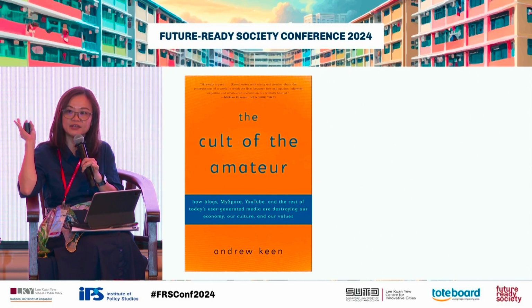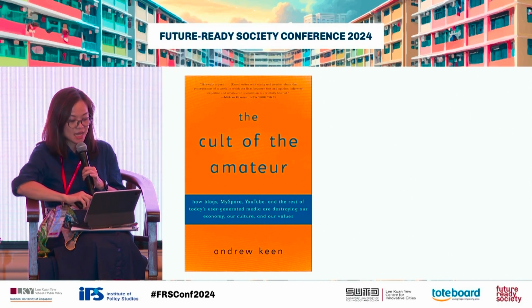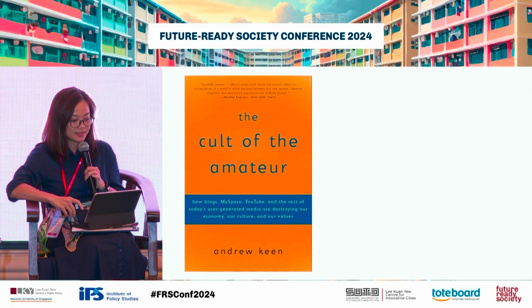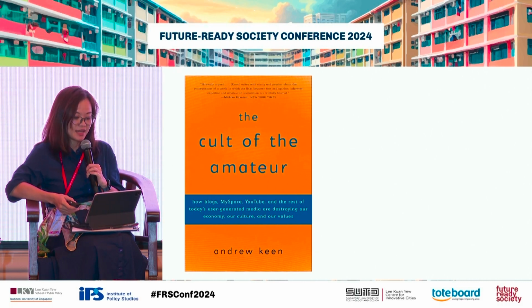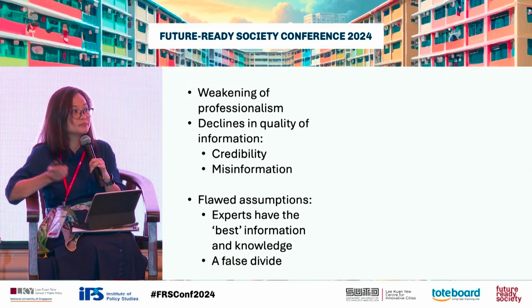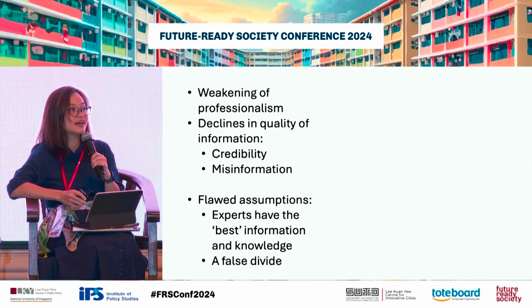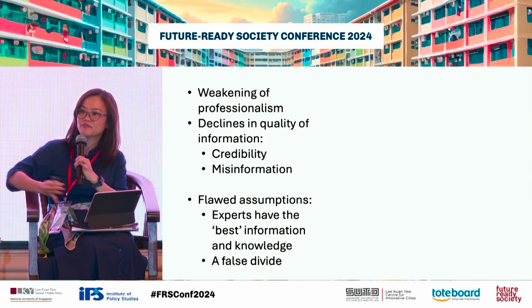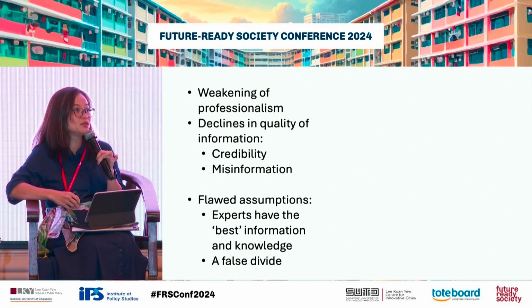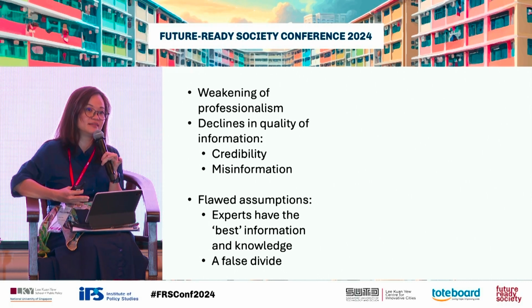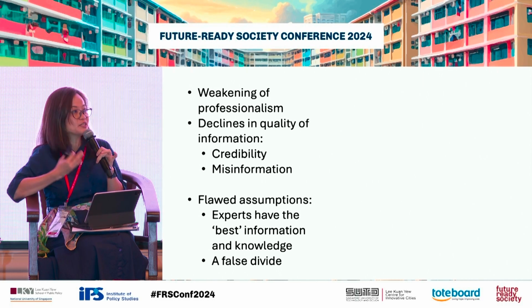So when Andrew Keen published this book, I think he was extremely skeptical, right? Of course, he was arguing that this "here comes everybody" participatory kind of internet scene essentially weakens what would have been actually professional knowledge, right?